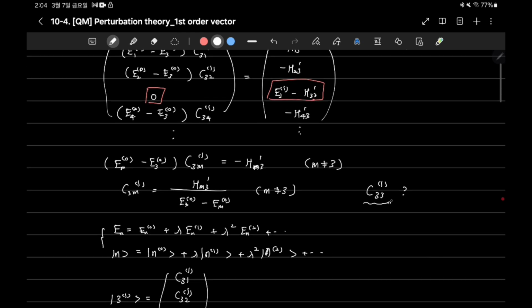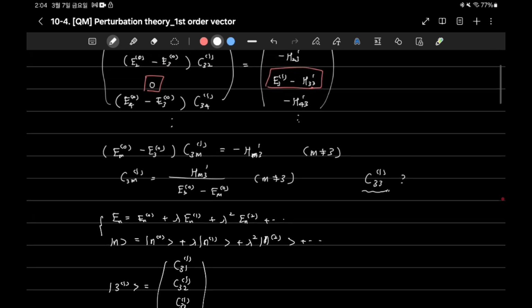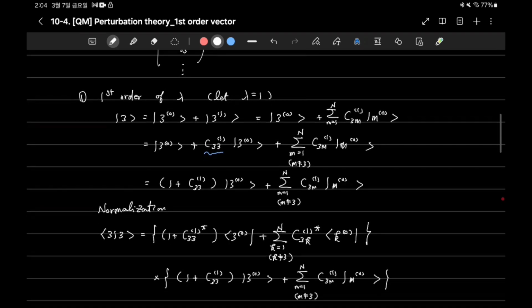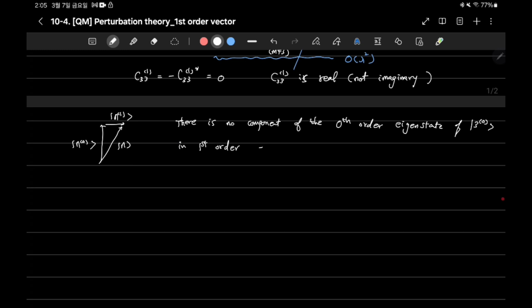It is a real value also, in other words, there is no component of the zeroth order eigenstate of 30 state in first order eigenstate correction.